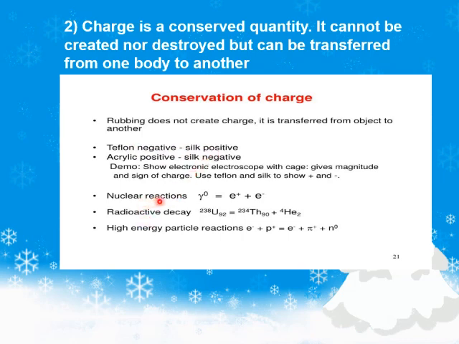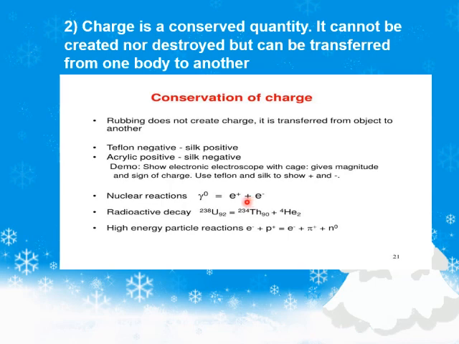In the case of nuclear reaction, you can see here the gamma ray photon has zero charge and it is transformed into a positron as well as an electron. Here total charge is 0, and on the right hand side of this equation total charge again will be 0. This charge is plus 1 and this charge is minus 1. So total charge will be 0.